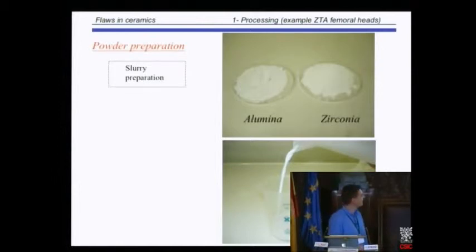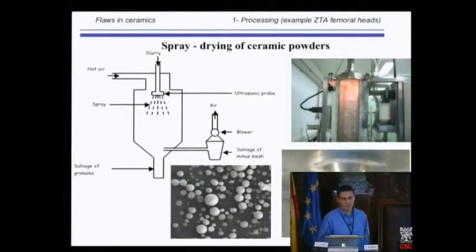You have already had some presentations dealing with dispersion of ceramics and nanoceramics. And then generally at the industrial scale, you do spray drying. So spray drying is, you have the powder which is dispersed in the liquid media, and you form spherical granules, to be able to have a flowable powder.